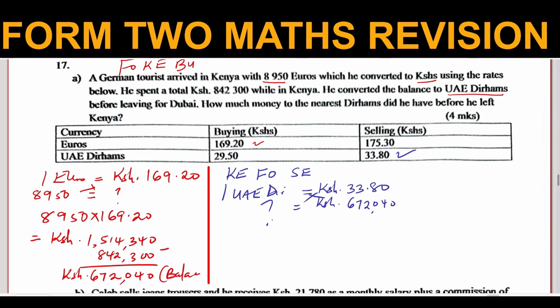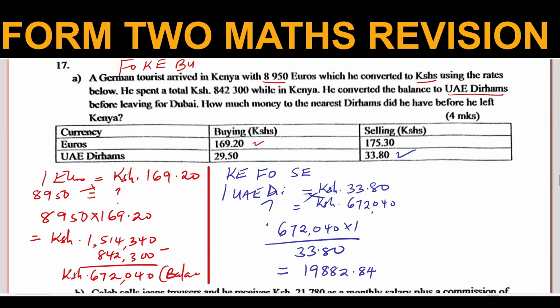So we cross multiply, this will be 672,040 multiplied by 1 divided by 33.80. This will give us the amount in dirhams. When you multiply this one and divide, you're going to get 19,882.84.